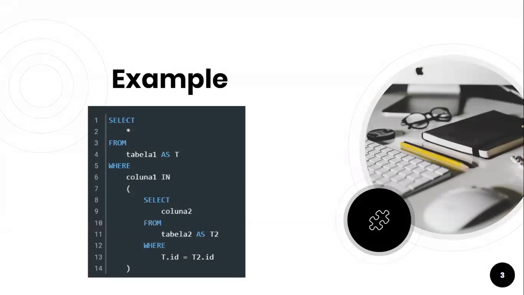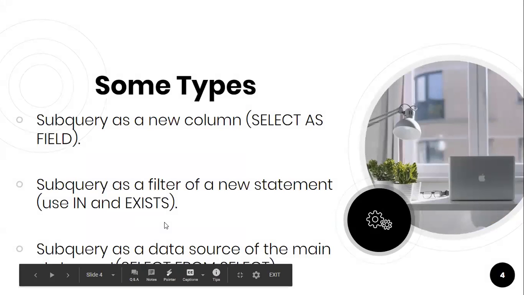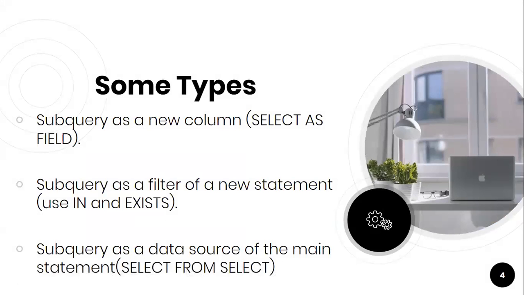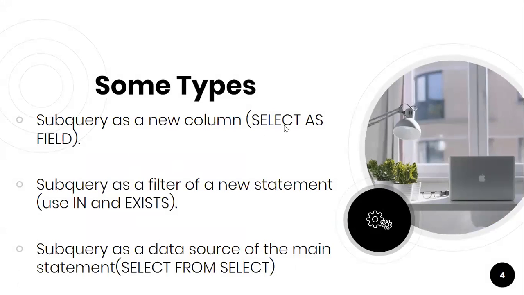Okay, we have an example here. So here we have a select statement inside another select statement. So it is a subquery. We have some types of subquery. The most useful ones are the subquery as a new column, or select as a field, and the subquery as a filter of a new statement.